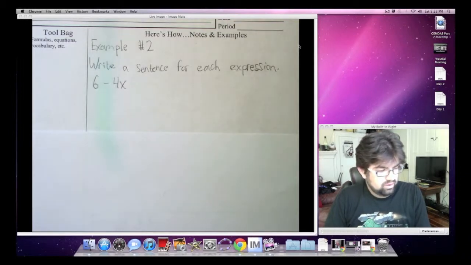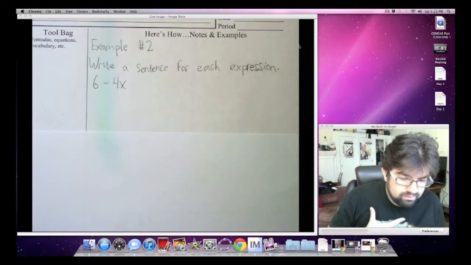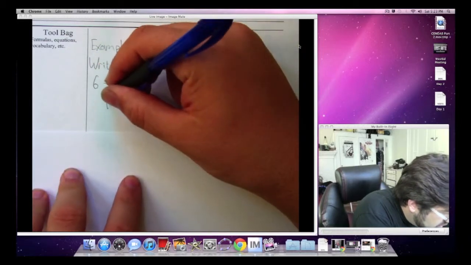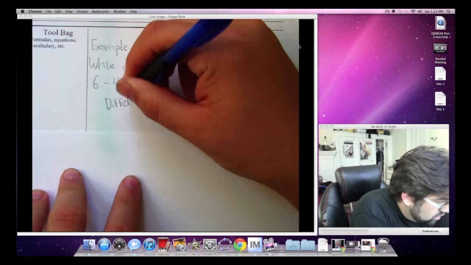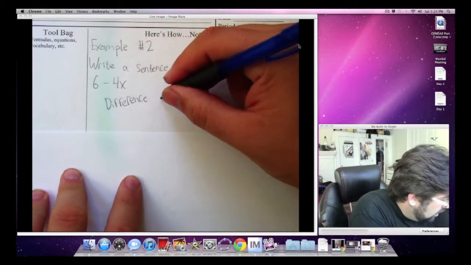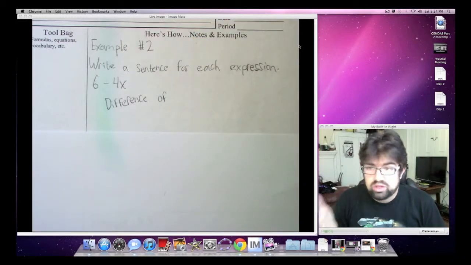I'm going to say, for me, this is the difference, because I see subtraction, of. The difference of means that I'm going to put it in the exact order.